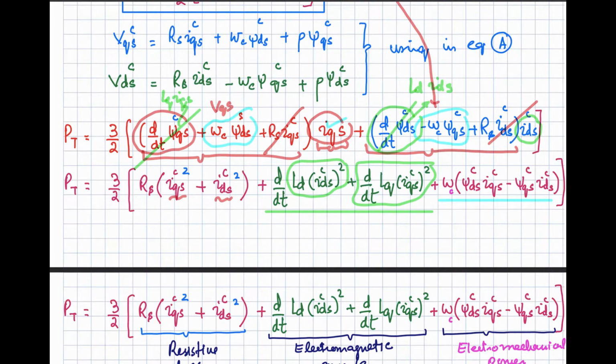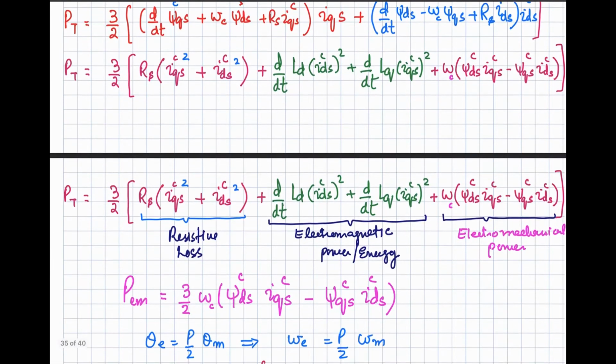Okay, now let's look at this one. What is this? This is RS into I square, the R loss, which is the property of the resistance. So this is the power that is dissipated across the resistance of your stator.